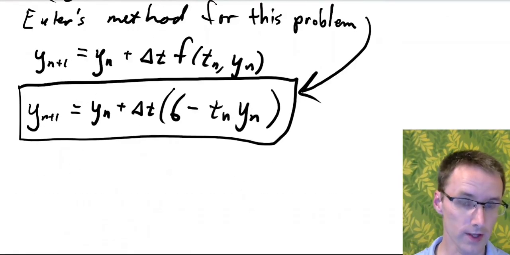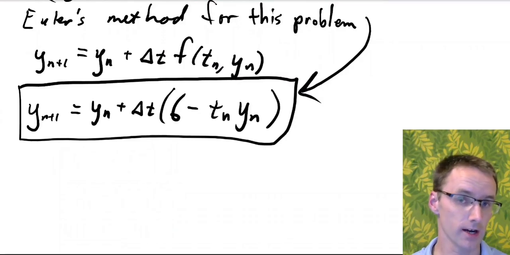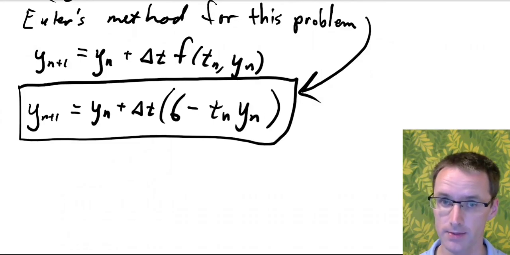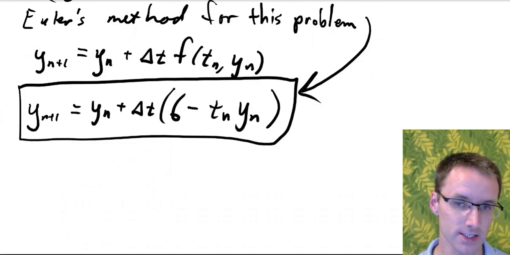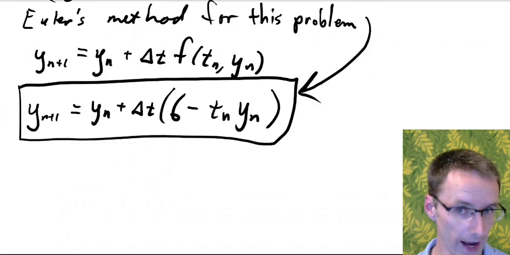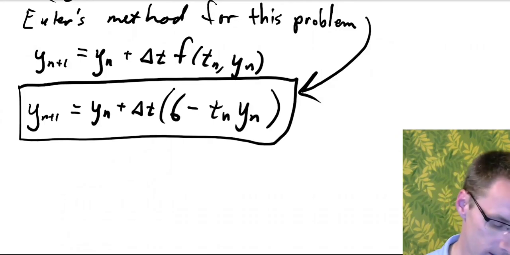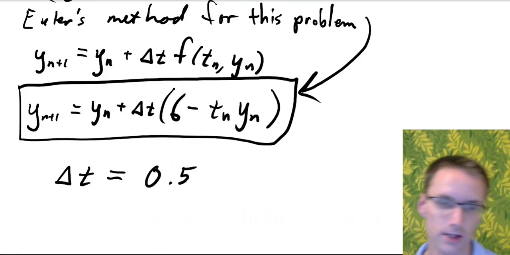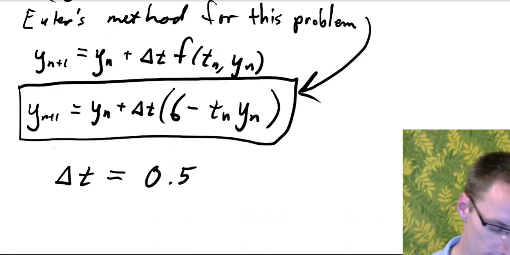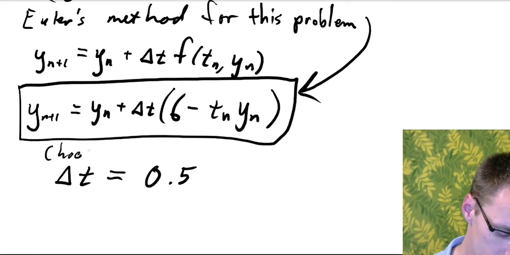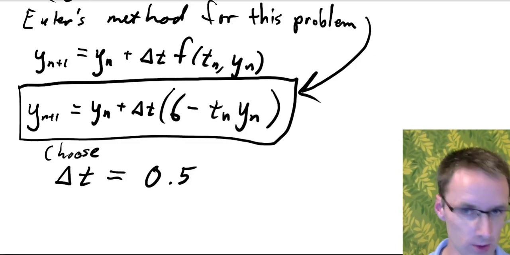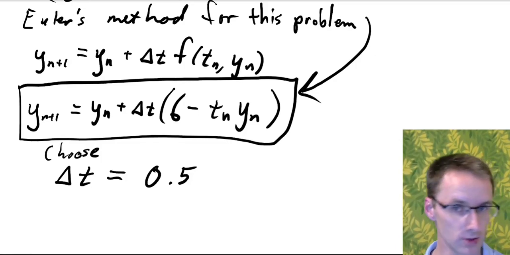Now, one of the things we have to decide on is what our time step is going to be, and this is a user input choice. The smaller the time step, the smaller the delta t, the more accurate an answer we expect to get. But for ease of calculation, I'll just choose for now delta t equals 0.5, which would be pretty big for most real-world applications, maybe too big.